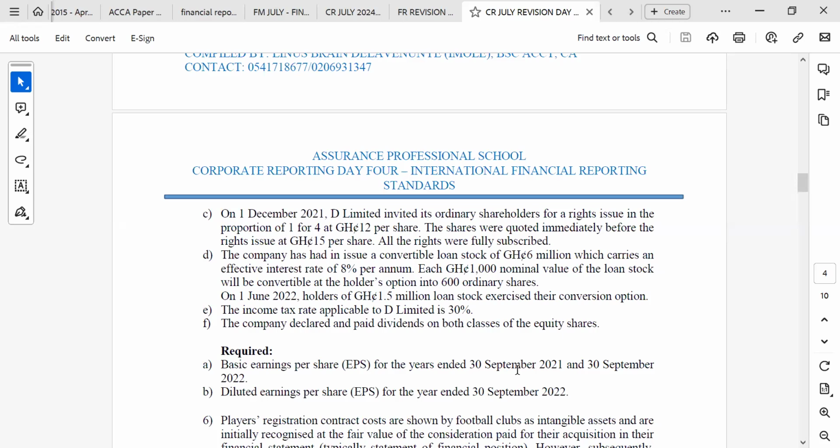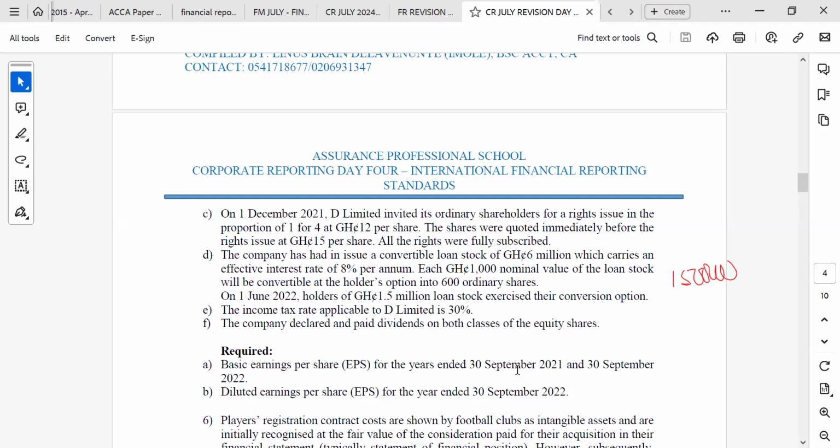You can see that the value is 1.5 million, which is the loan stock. So changing it to a full amount will be what? 1,500,000, isn't it? Yes.